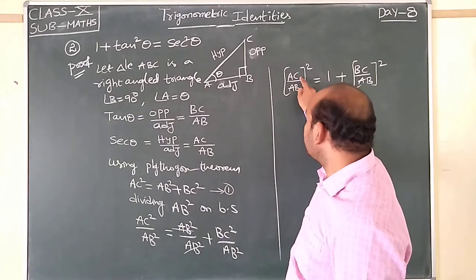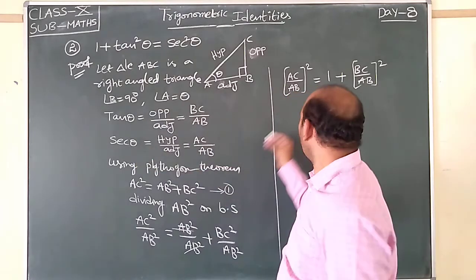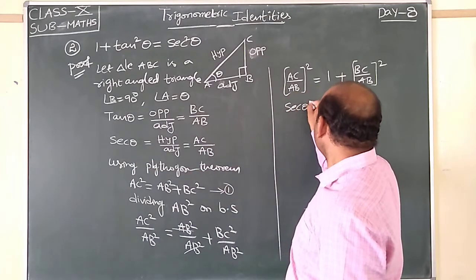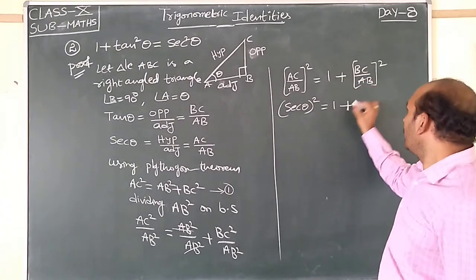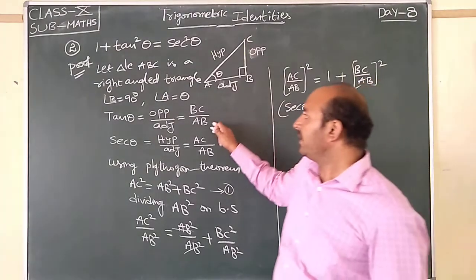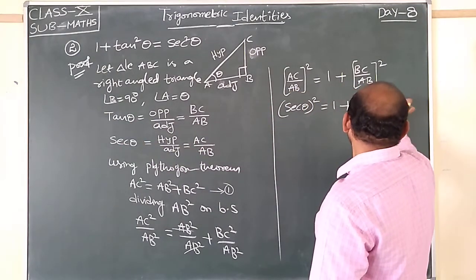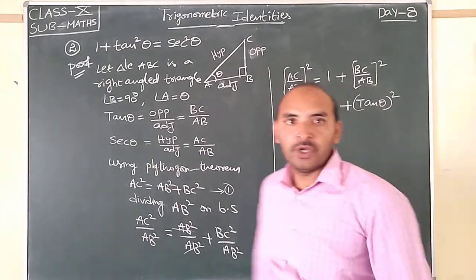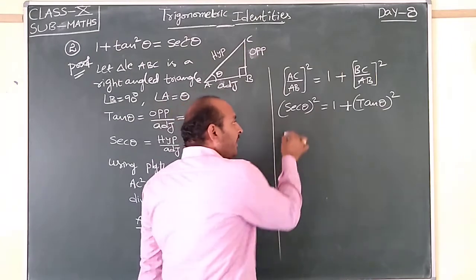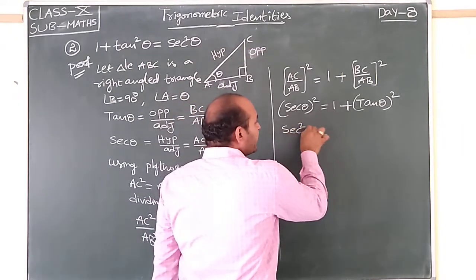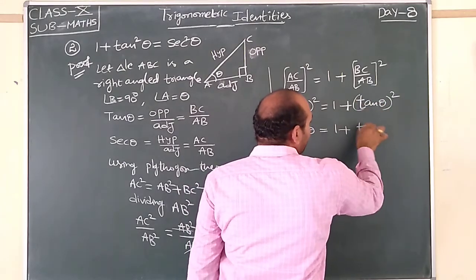So now observe, AC by AB value is equal to secant theta. So write secant theta whole square is equal to 1 plus BC by AB value. BC by AB value how much? Tan theta, right? Tan theta whole square. So secant theta whole square we can write as secant square theta, equal to 1 plus tan square theta.